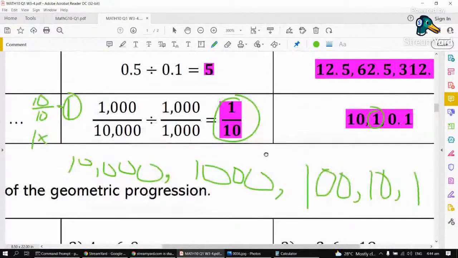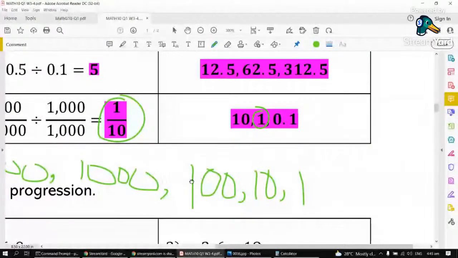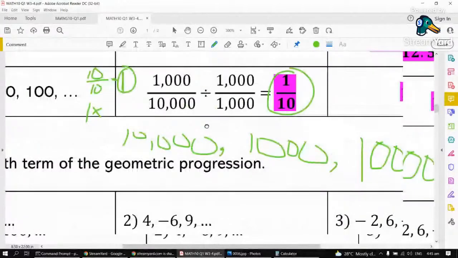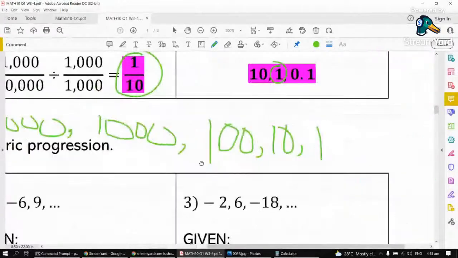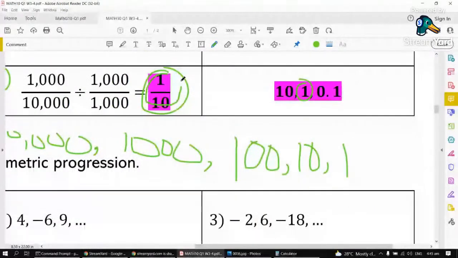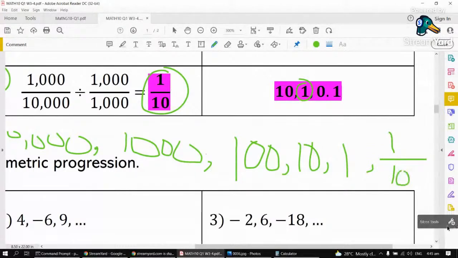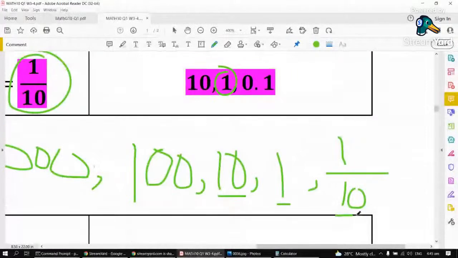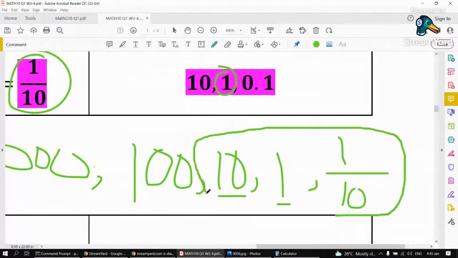And then itong 1, times natin ng 1 over 10, di 1 over 10 din. Yan. So, ang ating next three terms is 10, 1, 1 over 10. Okay? Yan ang ating next three terms.